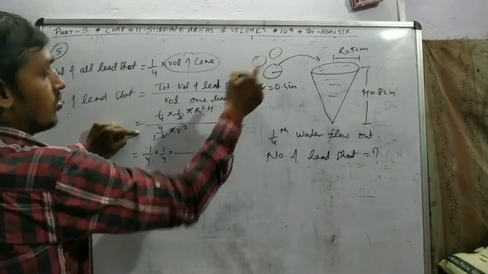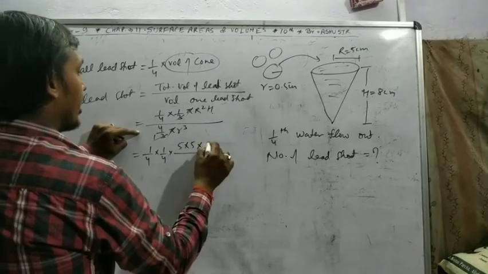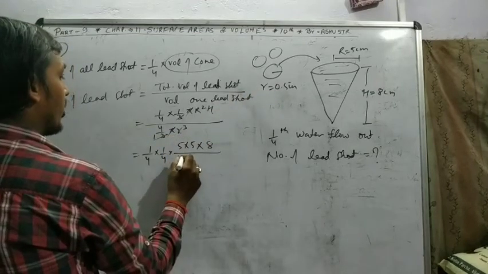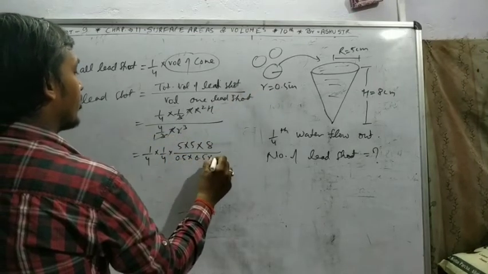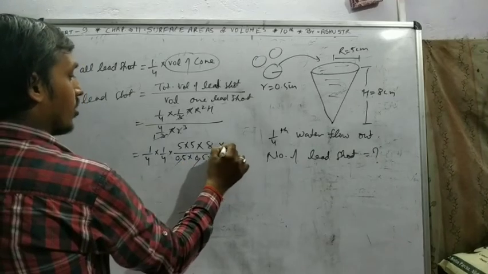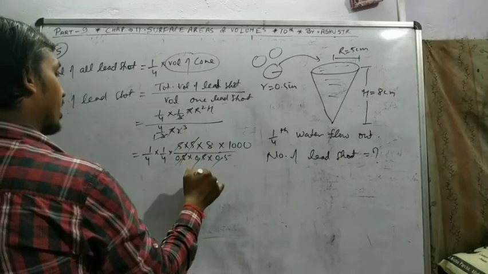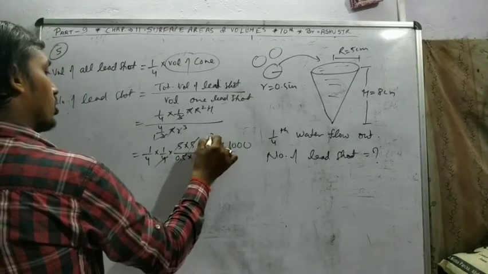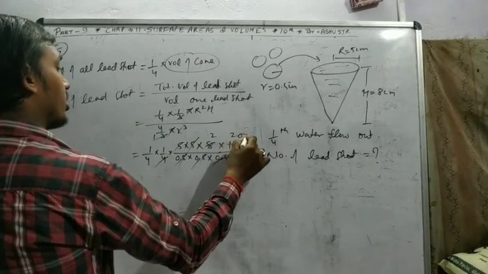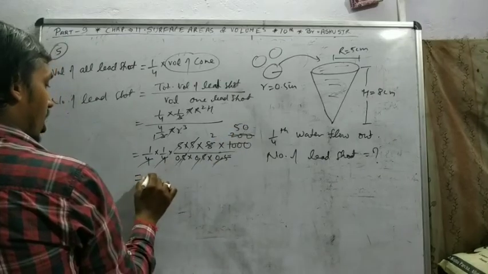R value 5 into 5, H value 8, r cube means small r 0.5, 0.5, 0.5. 1 5 cancels, 1 5 cancels, 4 2 is 8, 5 2 is 10, 4 5 is 20, 100.